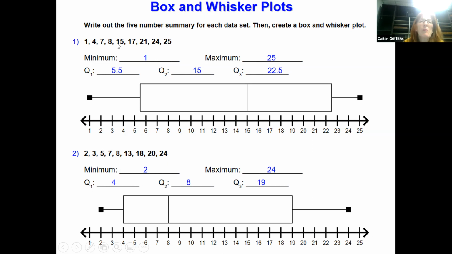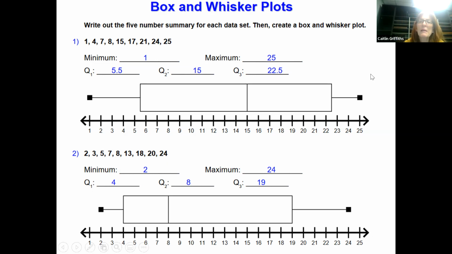And then we're finding what they're calling Q1, Q2, and Q3. Q1 is the median of the lower numbers, and that is 5.5. So you found the median, which is 15, right here. I'm afraid to click on this because I'll go backwards.